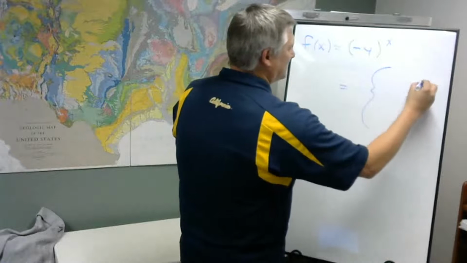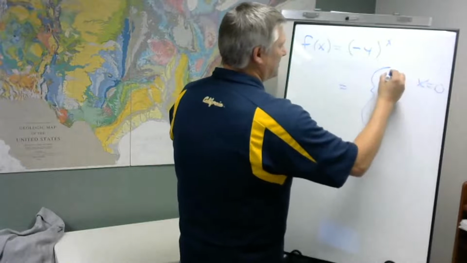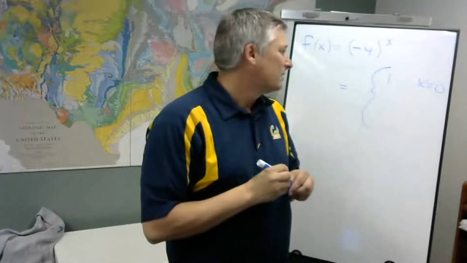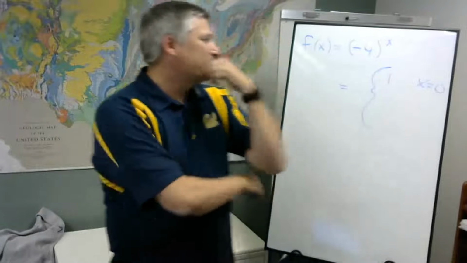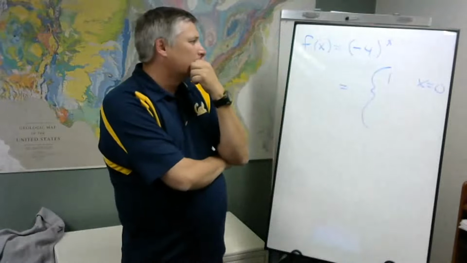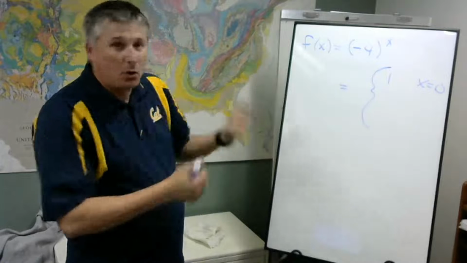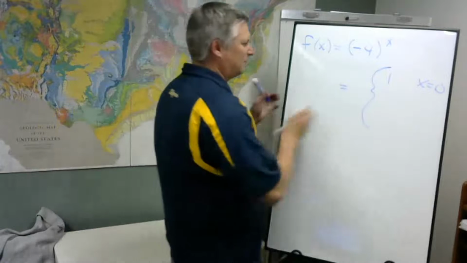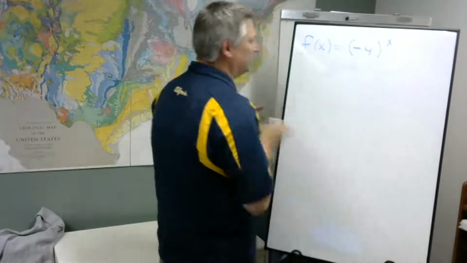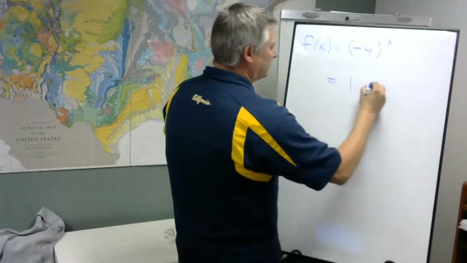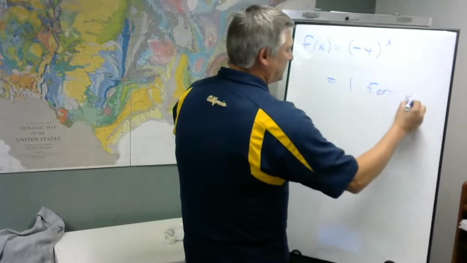For x equals 0, it's just going to be 1, because anything with a 0 exponent is 1. Where we have to be careful, though, and if x is a whole number, let me organize this a little bit differently. This will be equal to 1 for x equals 0.